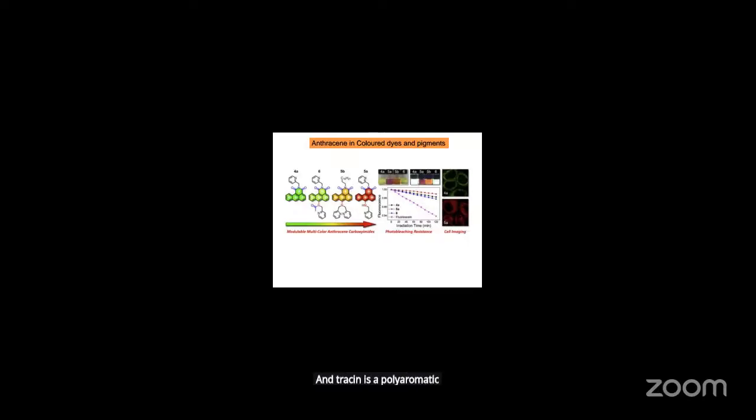Now, anthracene. Remember we're talking about polyaromatic hydrocarbons. Anthracene is a polyaromatic hydrocarbon that is available in dyes. If you look at the previous slide, when we were talking about the uses, you start hearing dyes and pigments. This anthracene is available in colored dyes and pigments. The different colors that you see as dyes or color pigments that are not natural are anthracene, and some of them might be natural.